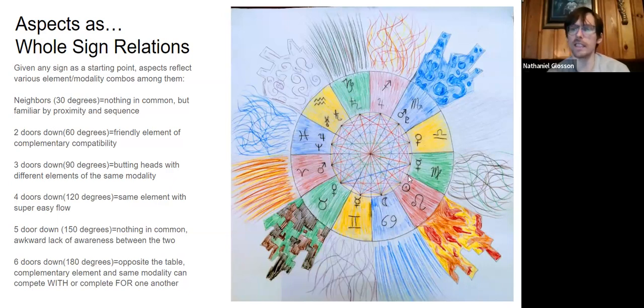Two doors down, 60 degrees, Cancer would be talking with its buddy Virgo or its buddy Taurus. Since they are earth signs, which have a feminine or yin polarity, and so does Cancer, a water sign, they are both talking about things being calm and stabilized. Air and fire like to excite things and volatilize.